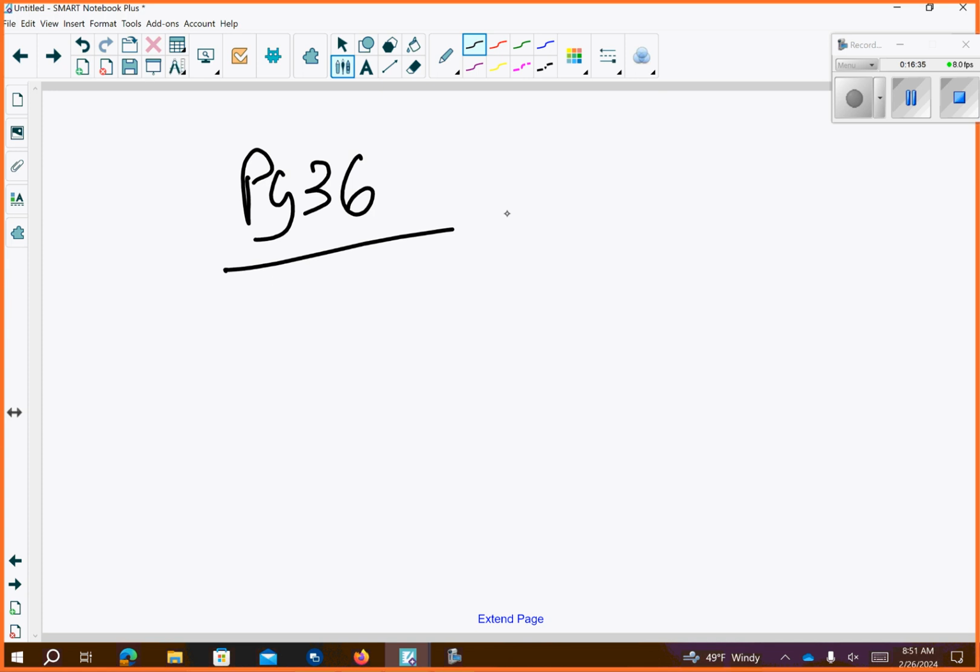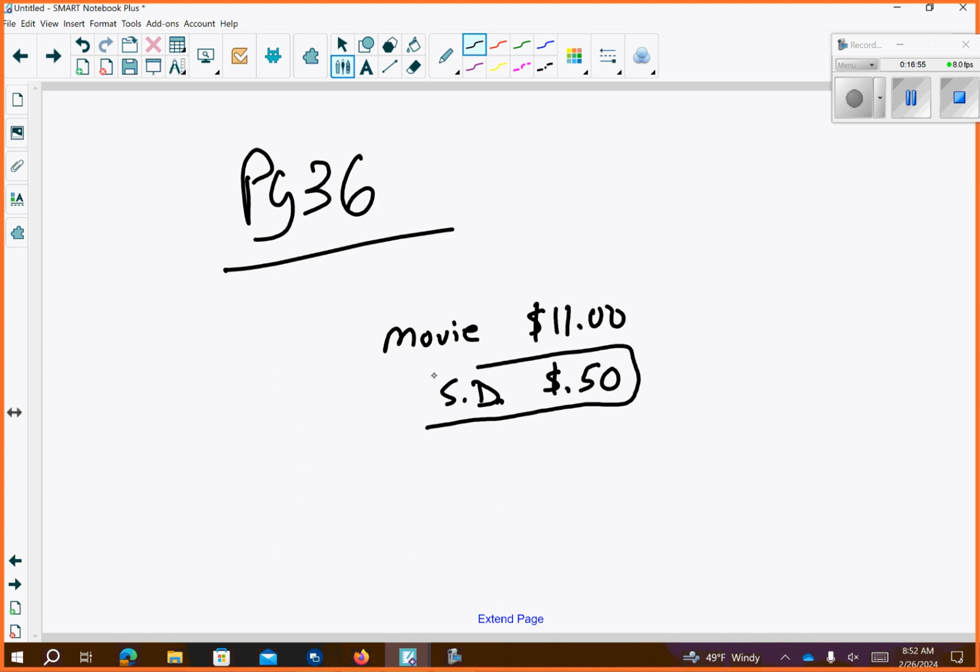All right, so on page 36, let's call the movie ticket $11. And let's say our standard deviation is 50 cents. Okay? They didn't give us that again. So again, I'm adding this to our problem. I'm sorry, we're losing our minds on this chapter.